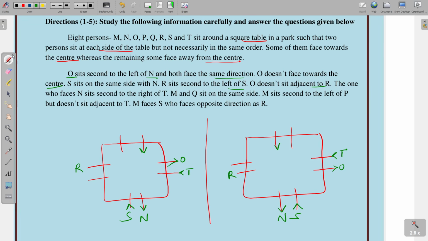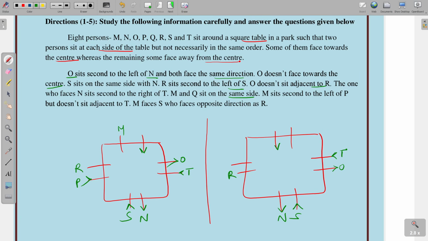Next, M and Q sit on the same side. So both M and Q are placed here. M is second to the left of P, but doesn't sit adjacent to T. So T is here, and M is placed here, not here. Suppose M is placed here, M is the second to the left of P. So P is placed here.